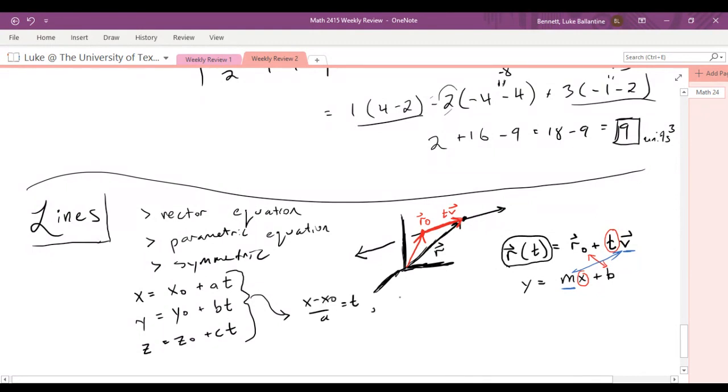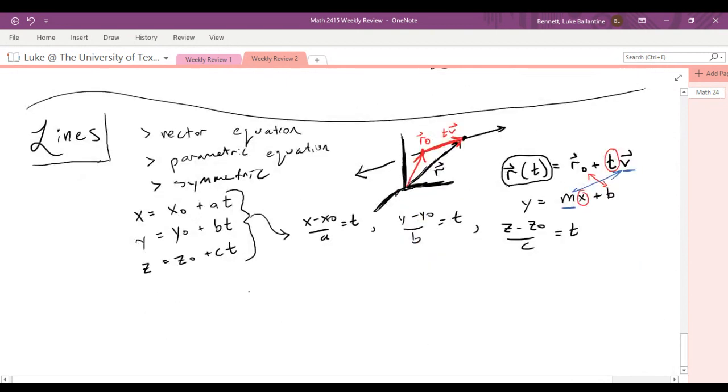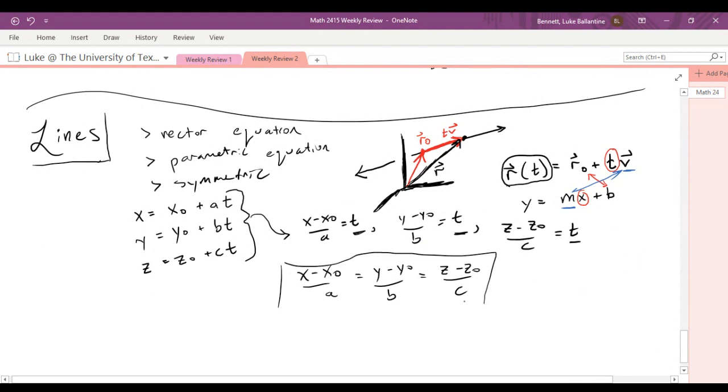For the second one, y minus y naught over b equals t. And then z minus z naught over c equals t. Since they're all the same t, we can equate them to each other. We have x minus x naught over a equals y minus y naught over b equals z minus z naught over c. Now we have the symmetric equation for a line.